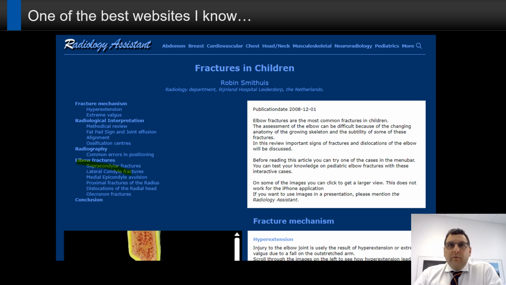All sorts of elbow fractures can be read here, and there are also good examples for each of them. I really advise you to read about the fractures in children, because they are not so easy to see if you have never seen examples of these different fractures. You really need to know about the mechanism and the location of these fractures, and then you can see them.